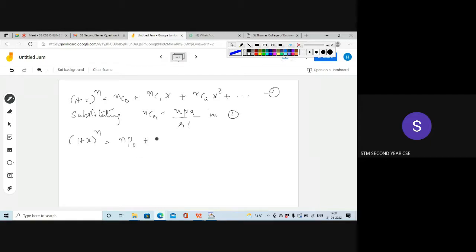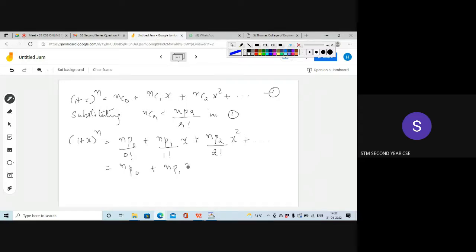So the next term is nP1 by 1 factorial into x plus nP2 by 2 factorial into x square plus etc. Isn't it?